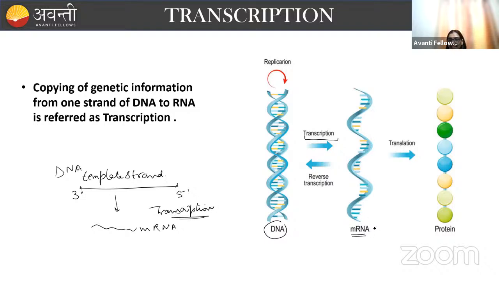Okay, and when the information is transferred from the mRNA to protein, this process is known as translation. Here ribosome plays a very important role. And remember one more important point, that we know that mostly the viruses have RNA as a genetic material, right? So the process where the RNA is converted to DNA is known as reverse transcription.